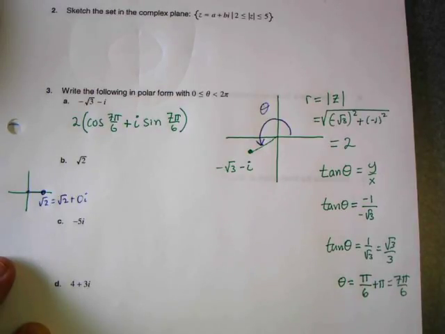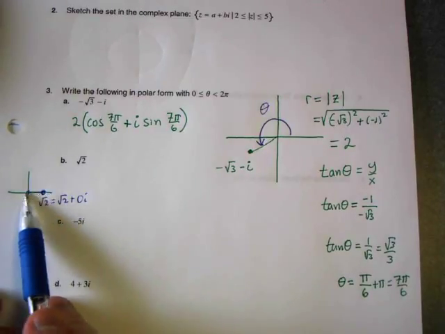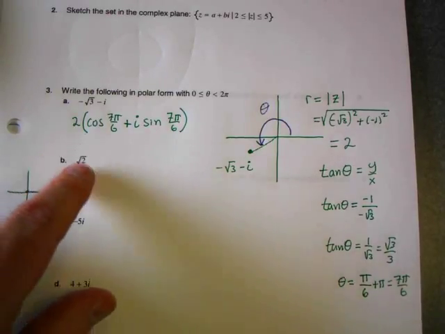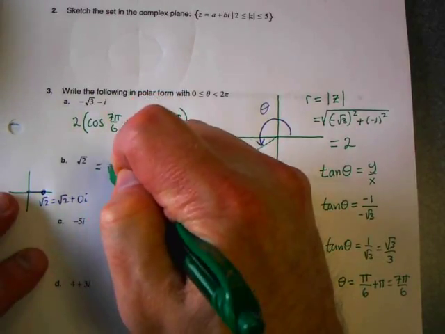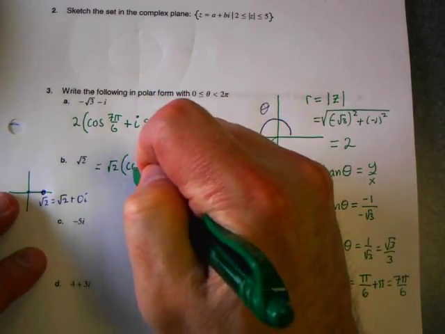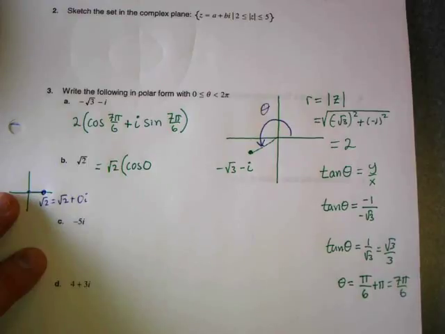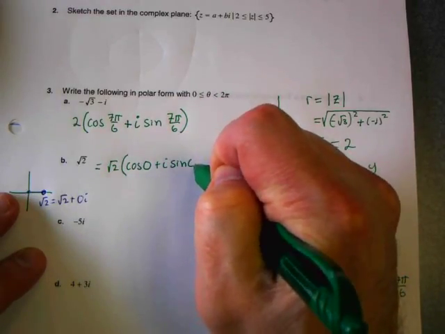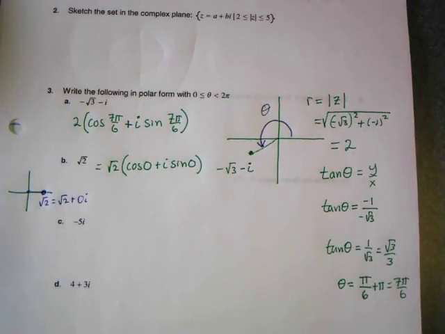It's the square root of 2. It's its own distance. That's correct. Looking at the picture, what's the angle theta? The angle is 0. So to put this in polar form, it's square root of 2, that's the length, cosine 0, the angle is 0, plus I sine 0. So that one was a lot easier.